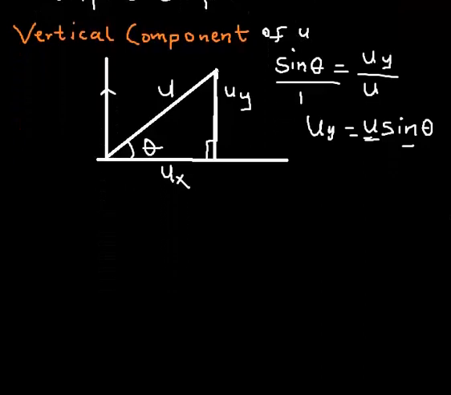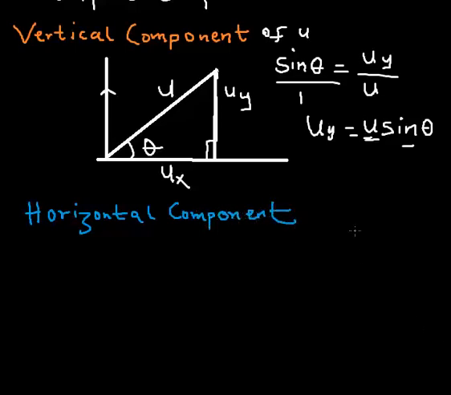What of the horizontal component of u? If I want to evaluate the horizontal component of u, that is my ux, the horizontal is my ux, and that's the adjacent of this right-angle triangle, while the hypotenuse is u.